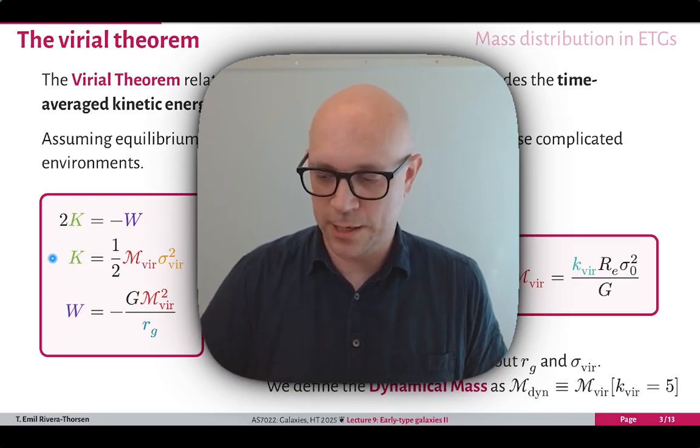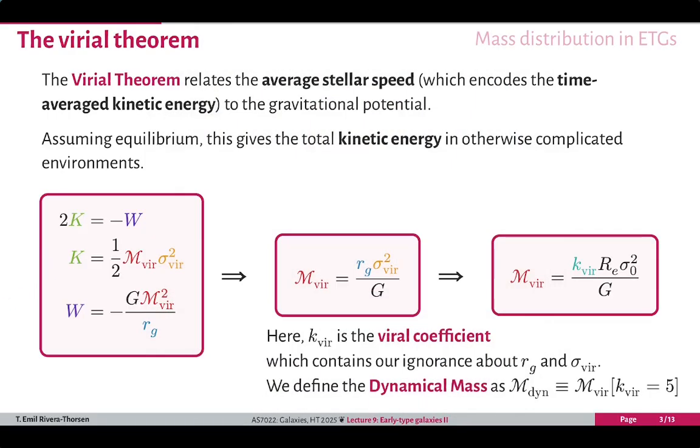So we do this little hack where we write the kinetic energy as the usual classical mechanical version, half times the mass times the velocity squared, but where the mass is this weird thing we call the virial mass, and the velocity squared is replaced by the velocity dispersion squared, or rather the virial velocity dispersion squared.